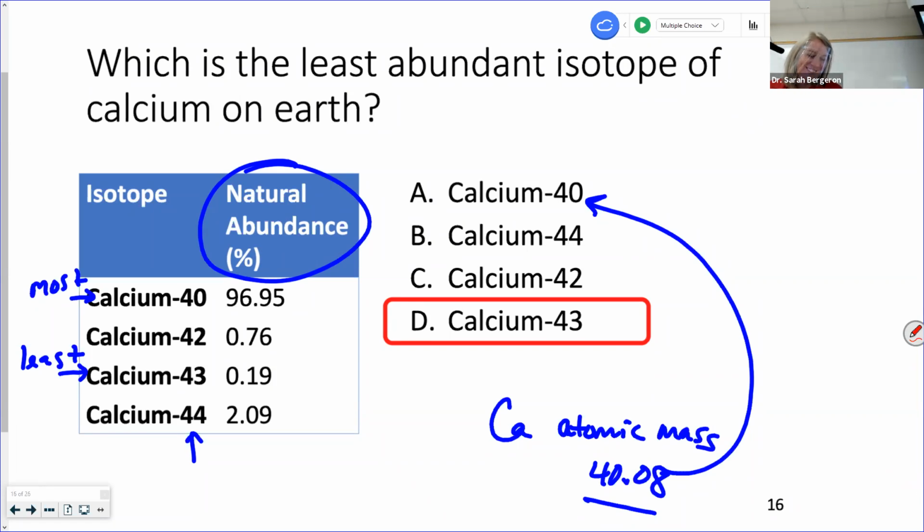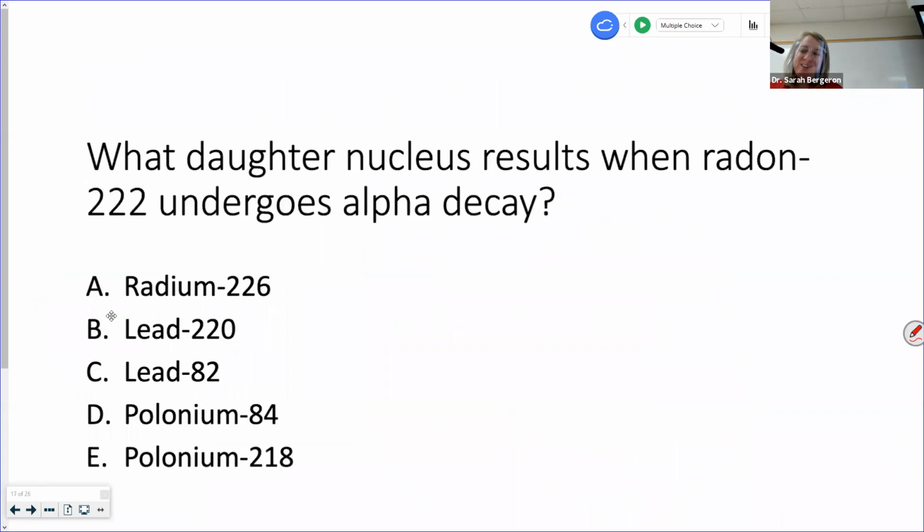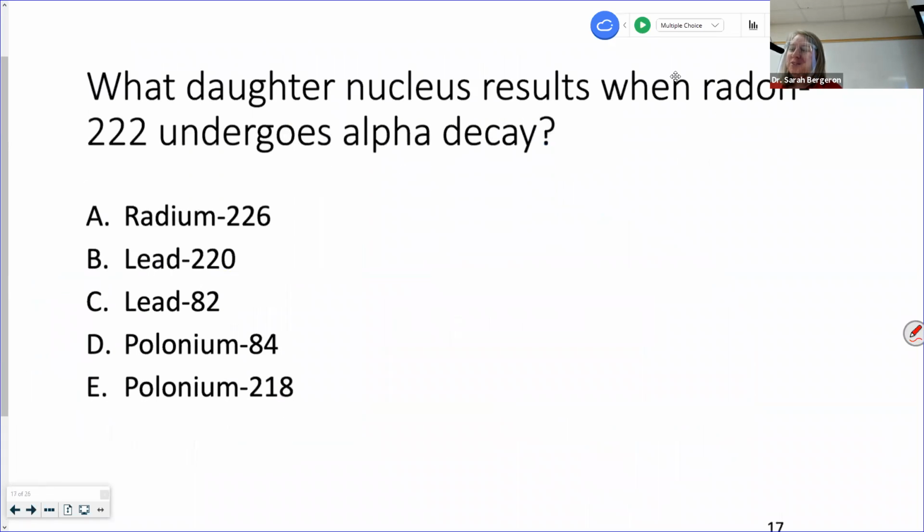Okay. Hopefully I didn't give away any more answers. All right, so I'm going to move this down. I'm going to give y'all 3 minutes. Have a piece of paper out, write this down. Okay, so I'll give you 3 minutes and we'll see how many people have checked in by then. All right. So what daughter nucleus results when a radon 222 undergoes alpha decay?